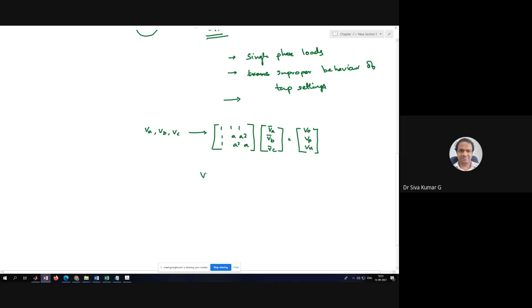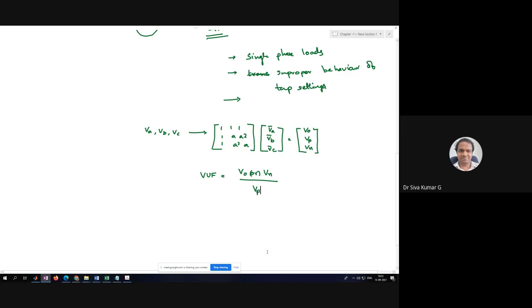The voltage unbalance factor is evaluated as V0 or Vn divided by Vp. This way we can calculate the voltage unbalance factor.